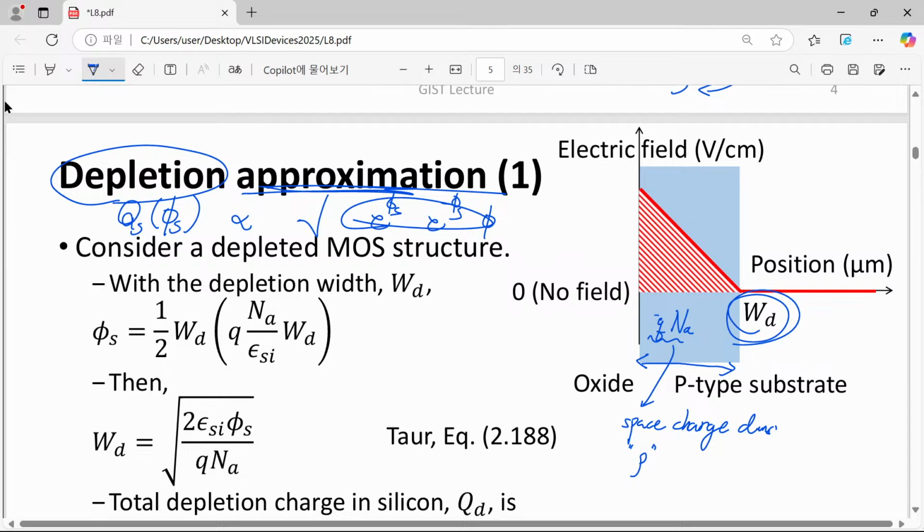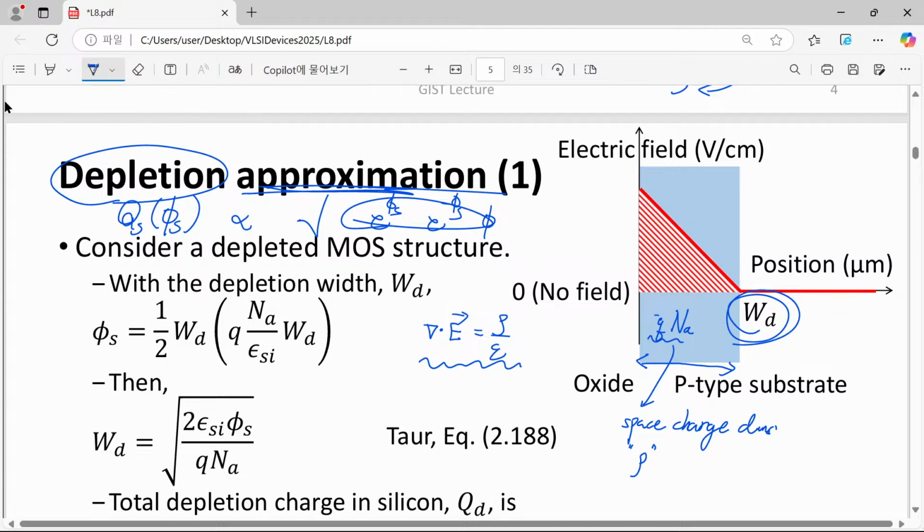If we have this kind of behavior, then simply speaking, the divergence of our electric field is given as rho. That was our Poisson equation. Maybe you remember it.